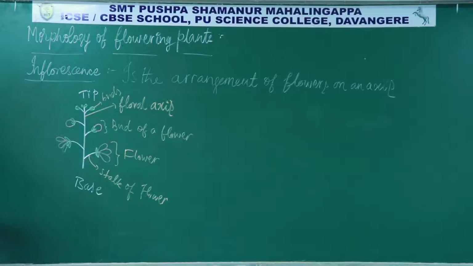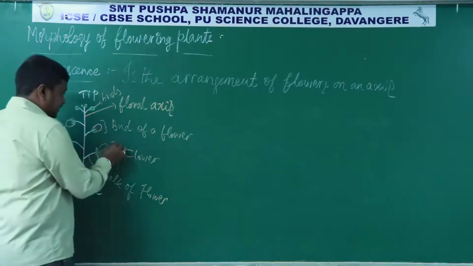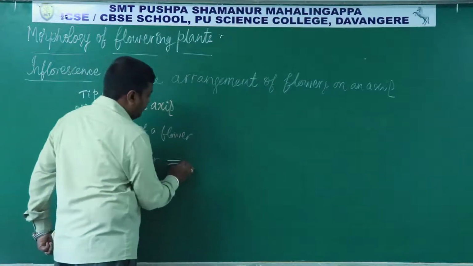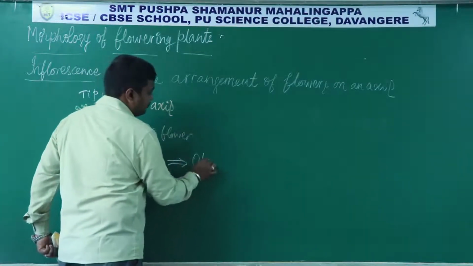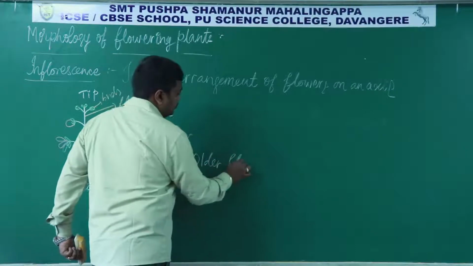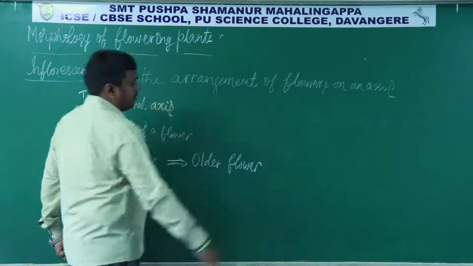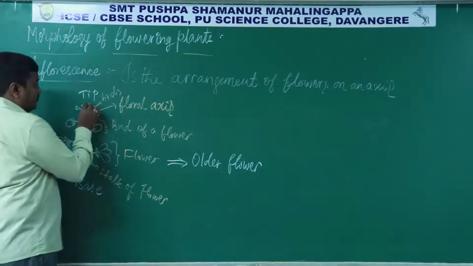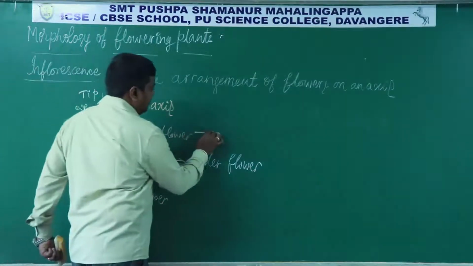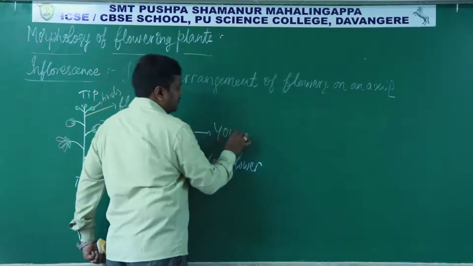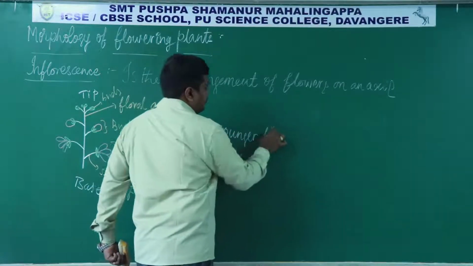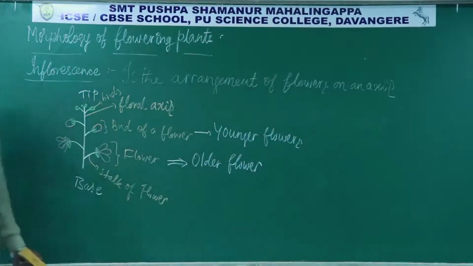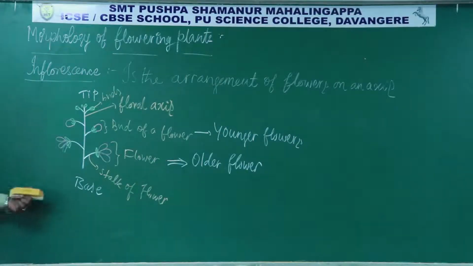Let me call this flower, which is already bloomed, the older flower. But these groups, this one and this one, let me call them younger flowers. So older flowers and younger flowers.